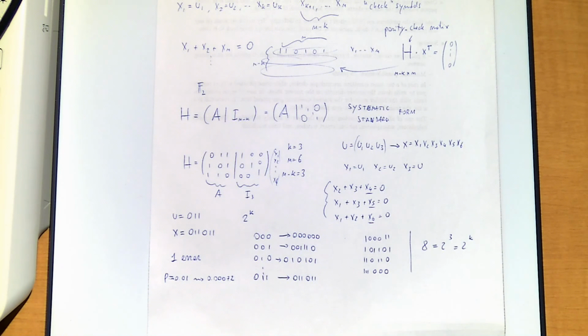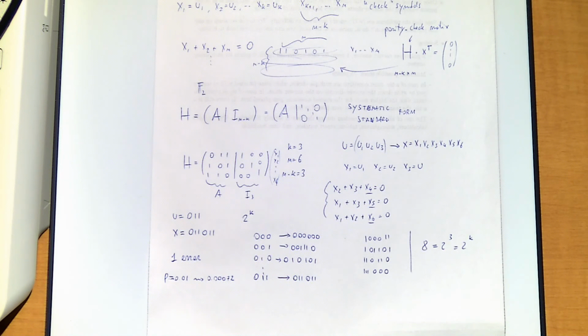So of course the price to pay is that we're sending 6 symbols instead of 3, and we're doubling our length. So much of coding theory essentially is to find the best codes that give you the best bang for the buck. So how can you correct as many errors as possible, right? With the least redundancy. And then of course you have to take into consideration encoding difficulty and decoding difficulty and so on.